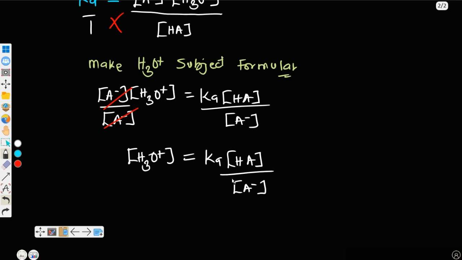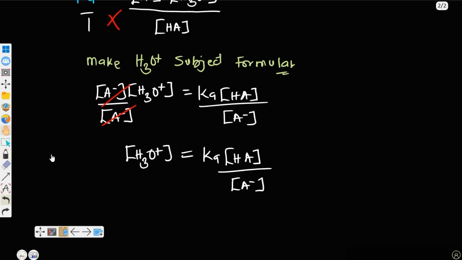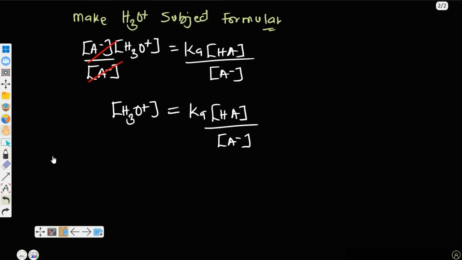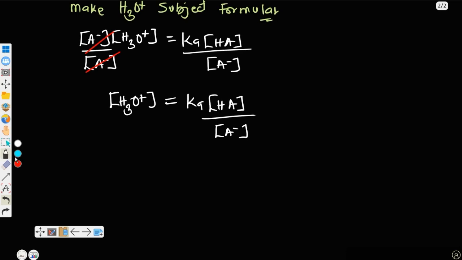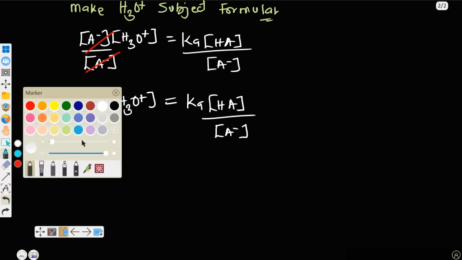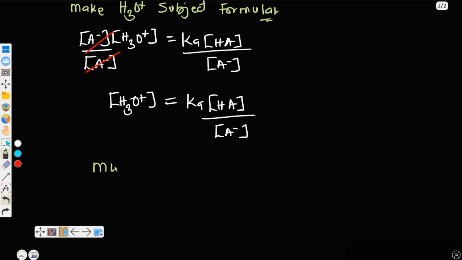All right. Now that you have gotten this, the next step is to multiply through by negative logarithm. Is that okay? The next step is to multiply through by what? Negative logarithm. So you can write multiply through by negative log.